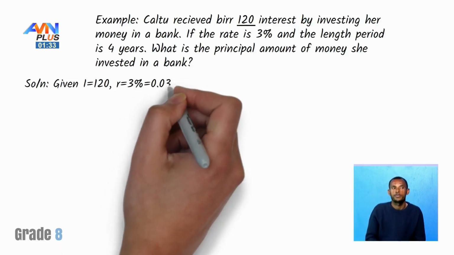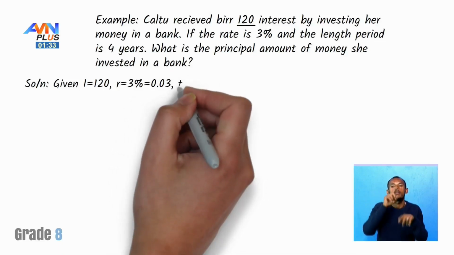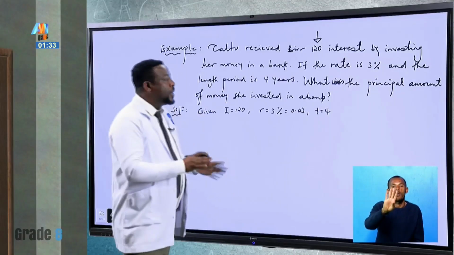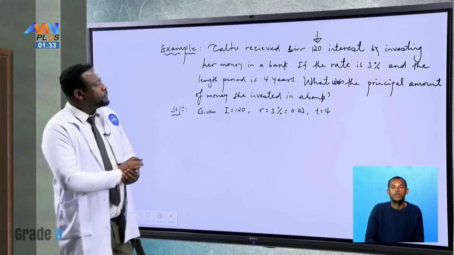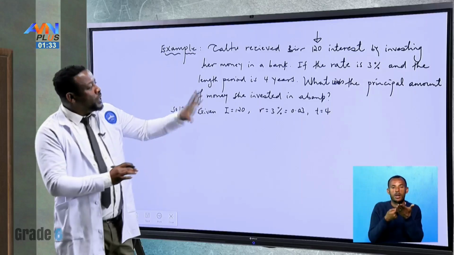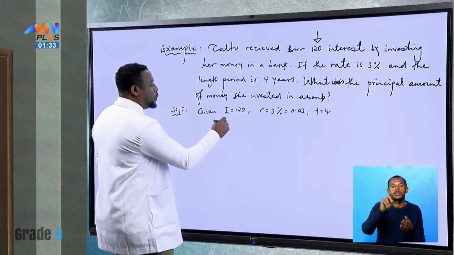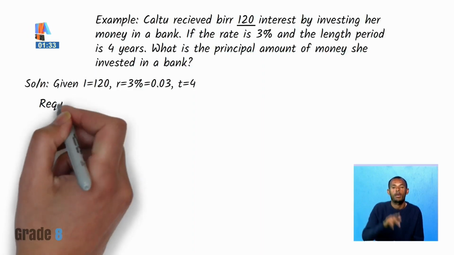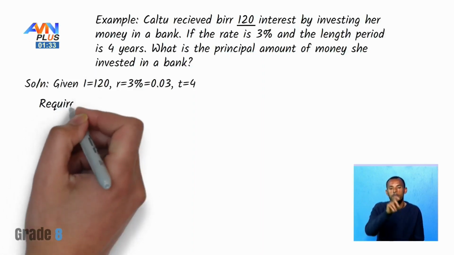The other thing is the time is given. Okay, T is given, which is 4. Well, here we are asked to calculate the principal. The required thing here is the principal.